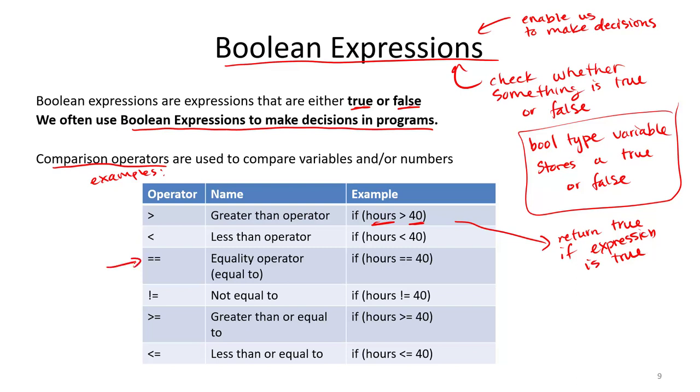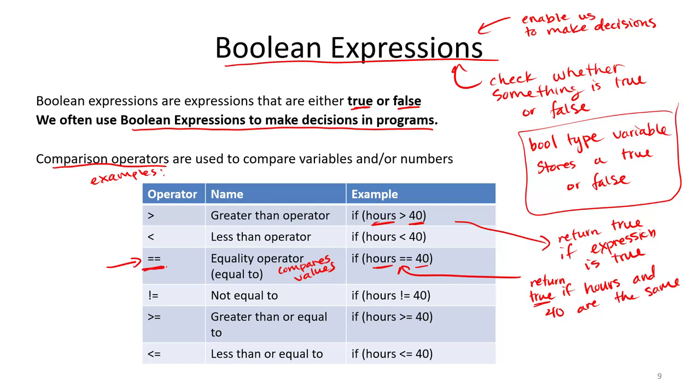The equality operator is interesting. This one compares values. So here, we return true if hours and 40 are the same. If hours is the same as 40, if these are equal, then we return true. Otherwise, we return false.